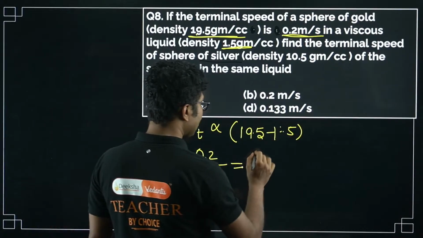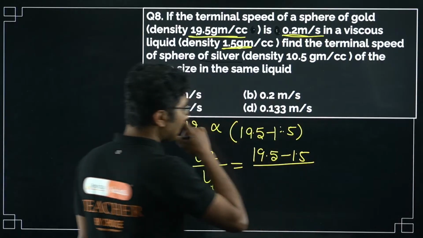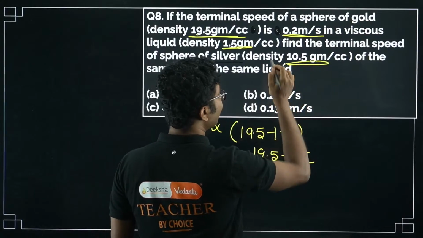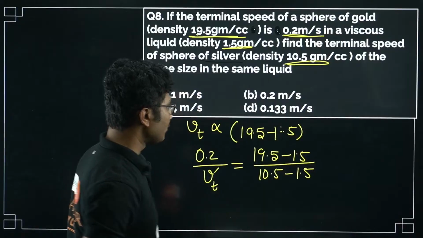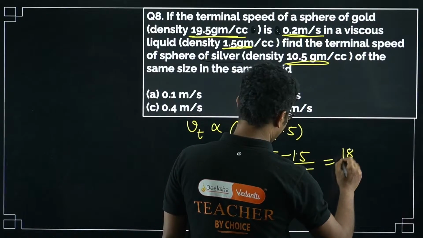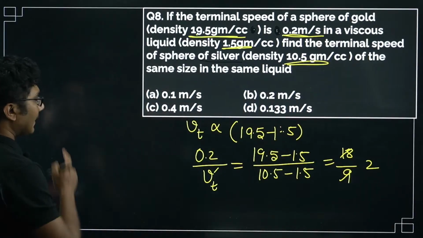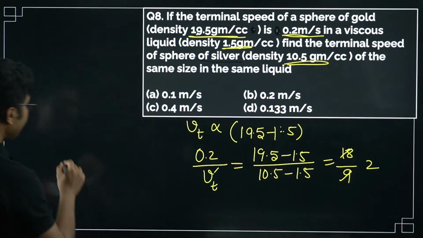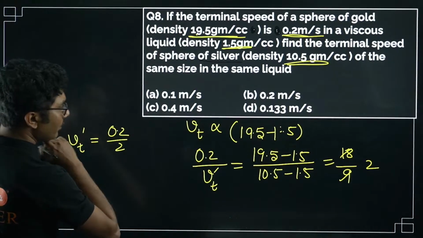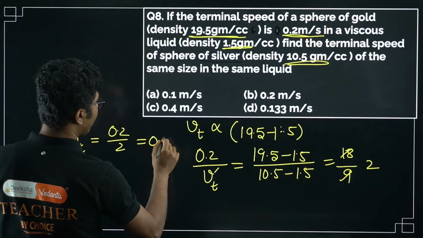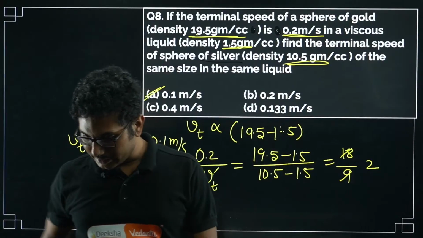Initially it was 19.5 minus 1.5, and in the final case the density of silver is 10.5, and the liquid is the same, so 1.5 only. So initially it will be 18 divided by 9, so it will be 2. Vt dash will be equal to 0.2 divided by 2, that is 0.1 meter per second. So option A, yes, correct.